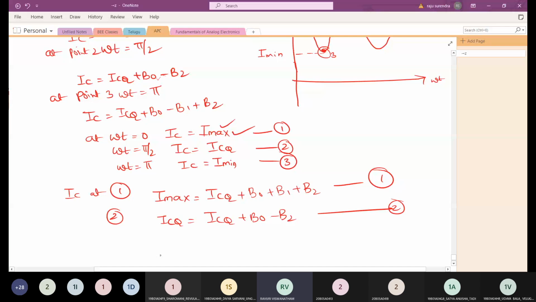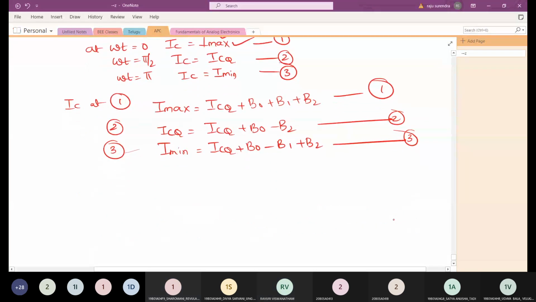Consider this as 2. IC at point 3 is I minimum, equal to ICQ plus B0 minus B1 plus B2. This is 3. All of you understood? Yes, sir. From equation number 2, ICQ is equal to ICQ plus B0 minus B2. So ICQ on both sides cancels. Then B0 is equal to B2.